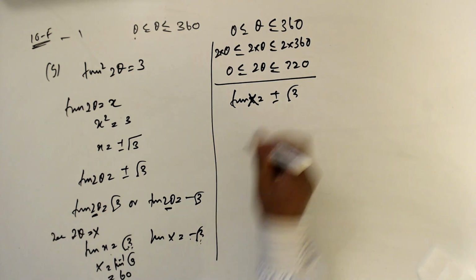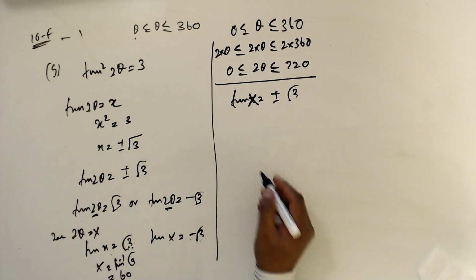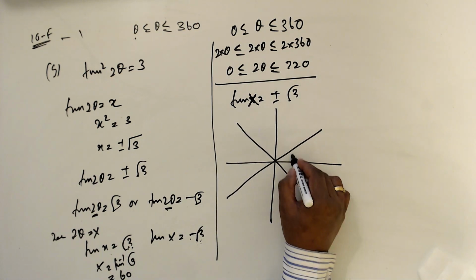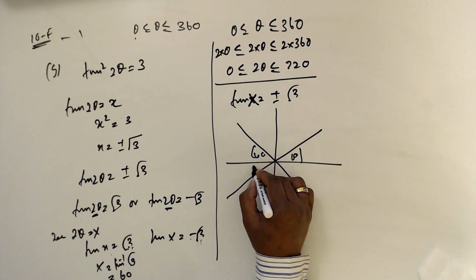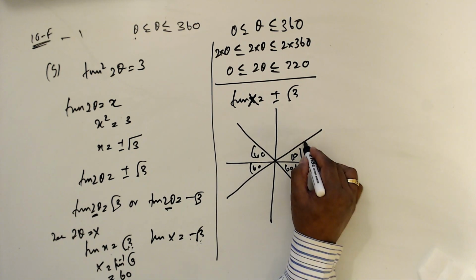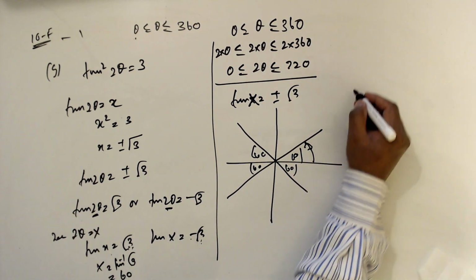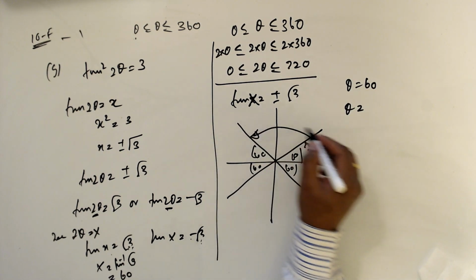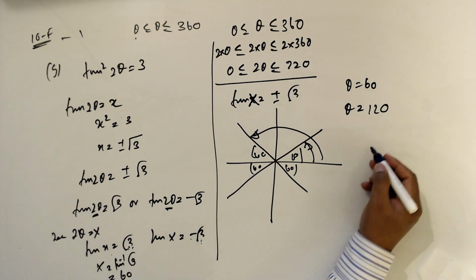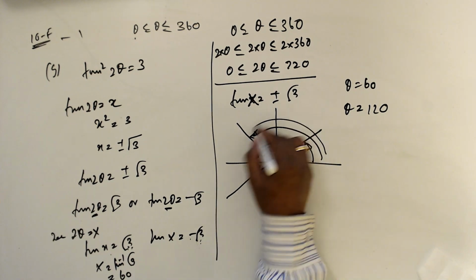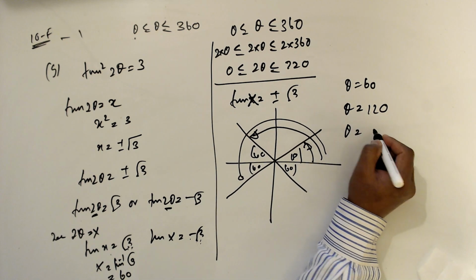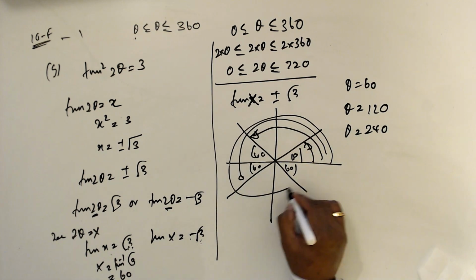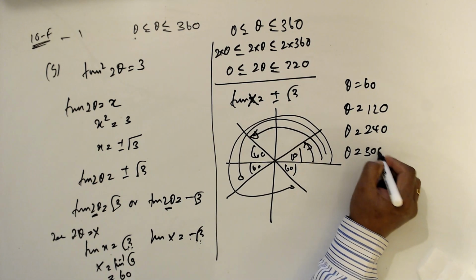Basically, we need all the quadrants, and I found the acute angle 60. Now instead of drawing 2, I am drawing in 1: 60, 60, 60, and 60. The first one is 60. The second one is 120. The third one is 240. The fourth one is 300.